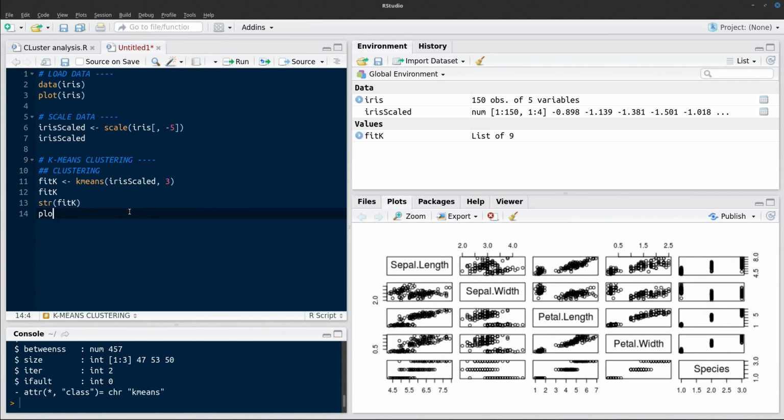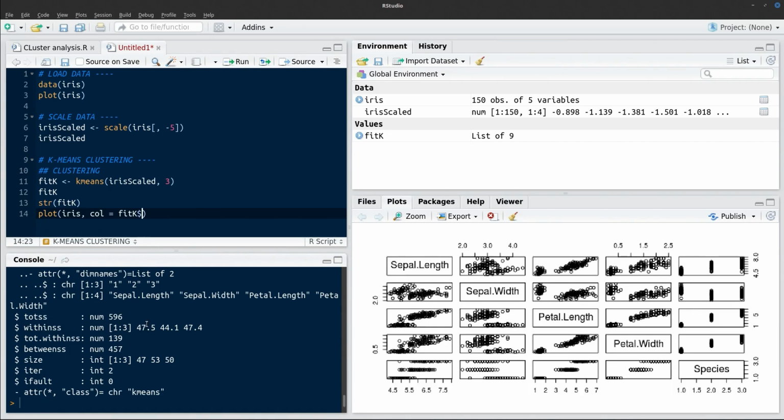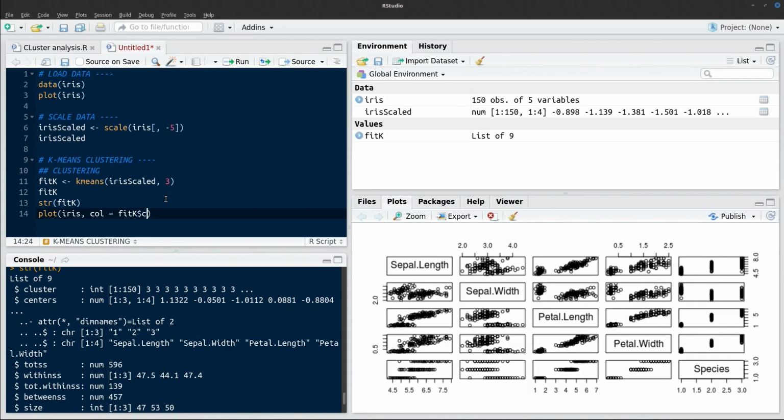And so if we want to plot our original data frame but color it by the cluster membership that's been assigned by the algorithm, we simply say color by fit K $ cluster. And so this will plot the plot as we have it here of our iris data frame, but it will color each point depending on the membership within the fit K K-means clustering object that we created.